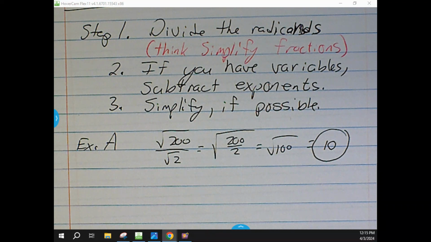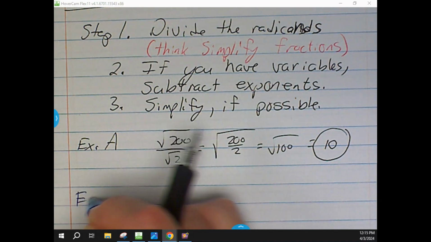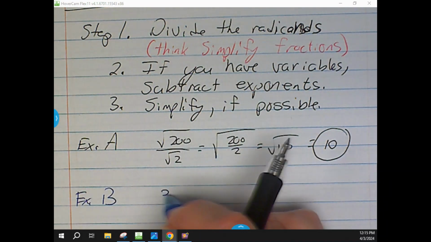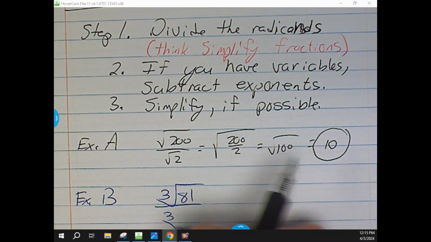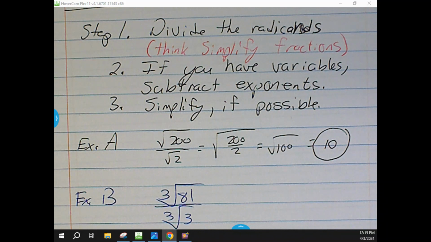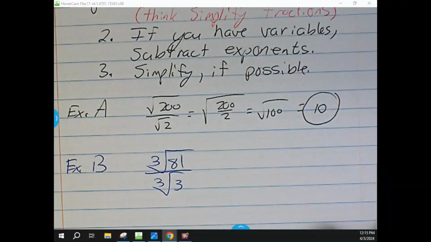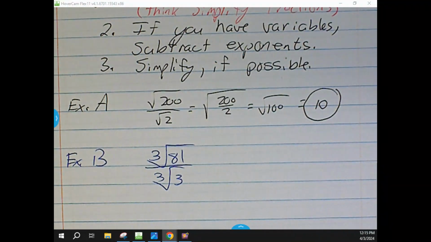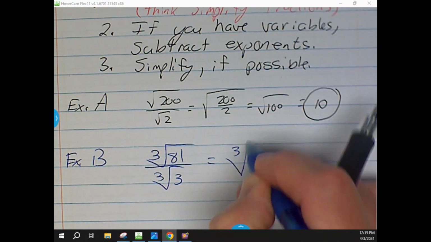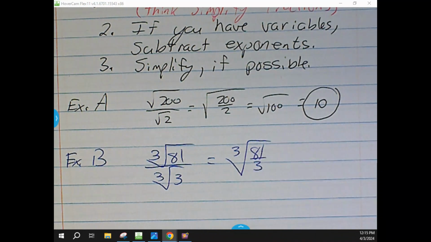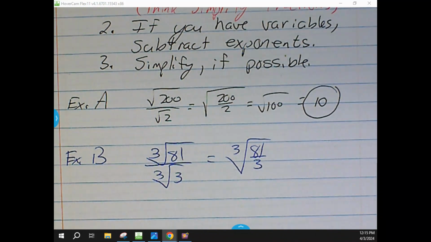All right, now, again, a lot of times square roots are a lot easier because that's the stuff we're used to working with. If we give you one that's not in square roots, let's give you a third root one. Let's do third root of 81 over third root of 3. Okay, so basically it's just 81 divided by 3.